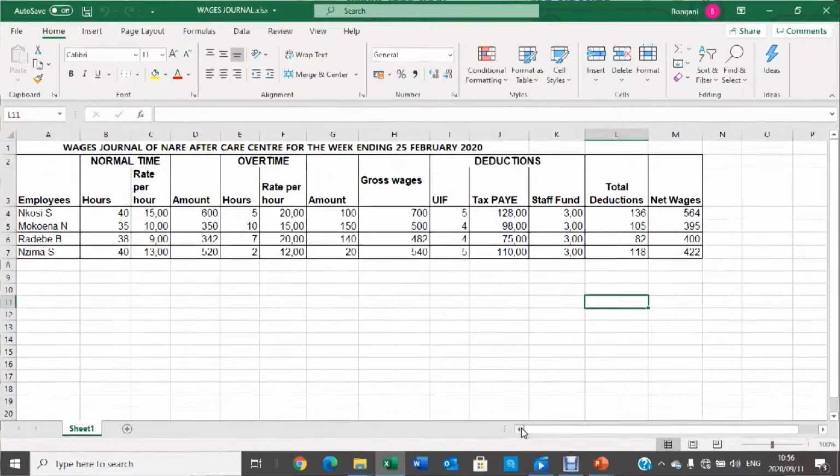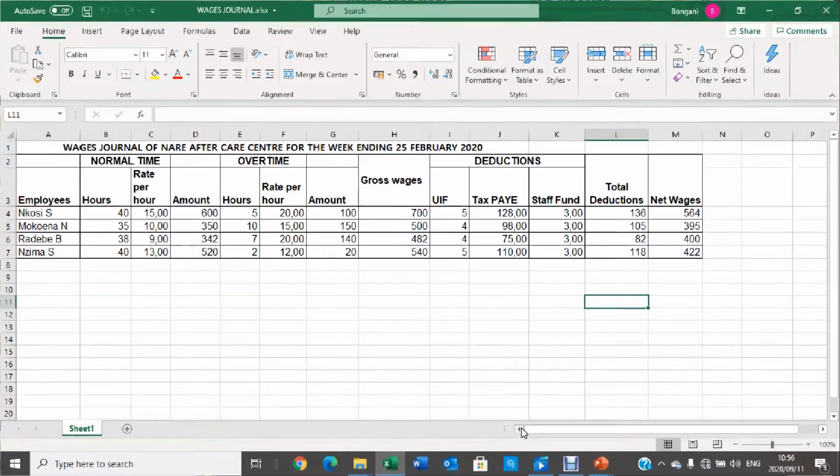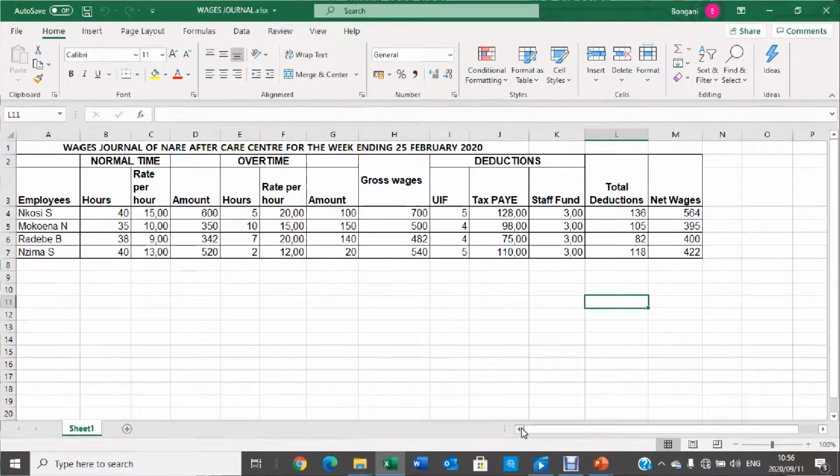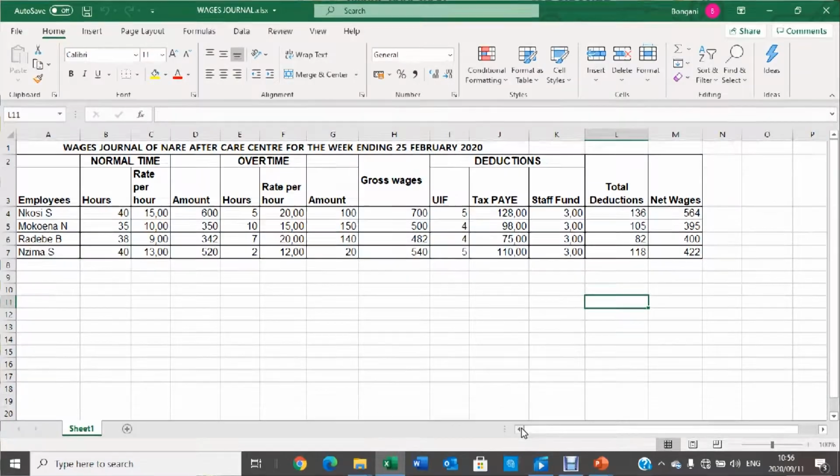And then we go to the deductions. Under deductions, we have UIF, tax payee, and staff fund, which the employee should contribute in an organization. So I will start by adding all the deductions, and when we add the deductions for the first employee, Nkosi S, the total of the deductions will be 136.